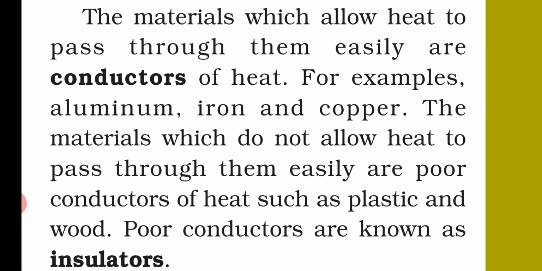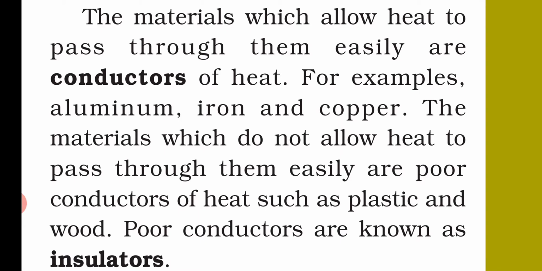But whenever we have to hold that utensil, we need a material which does not allow heat to pass through it, so that we can hold the utensil properly. For that we need a non-metal, and that is why the handles of utensils are made of non-metal.